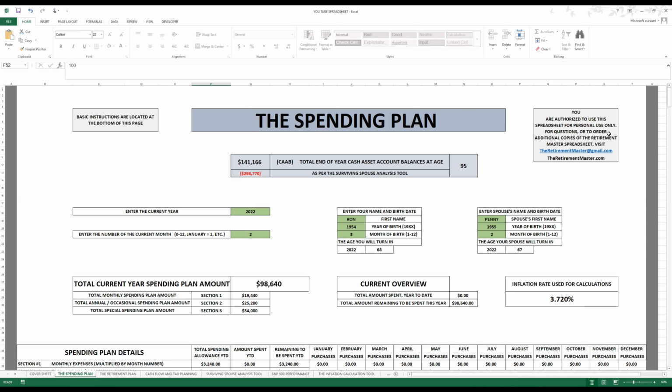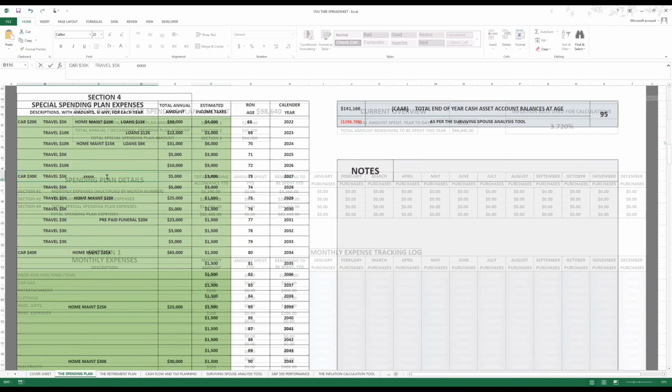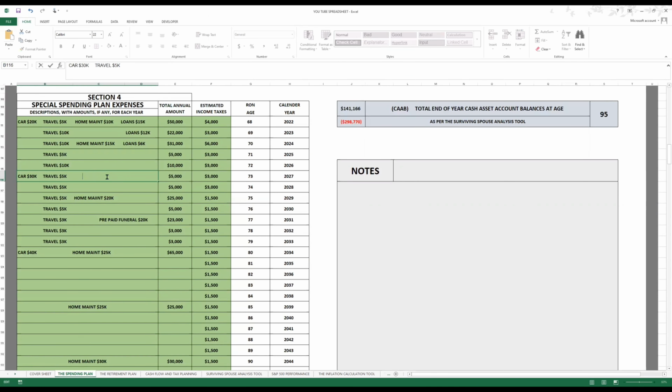Okay, I want to show you what can happen to this number, however. I'm going to drop down here to section 4. Okay, I'm going to show you something that can happen to our CAB, which is $141,000. This block of cells you'll find spread out in numerous locations so that it's easily available to you. But I'm sitting here at my section 4, my big expenses, my long-term expenses, and I think I've entered everything.